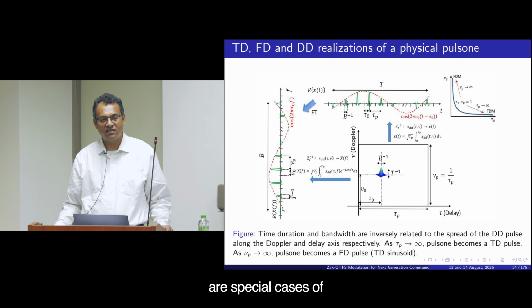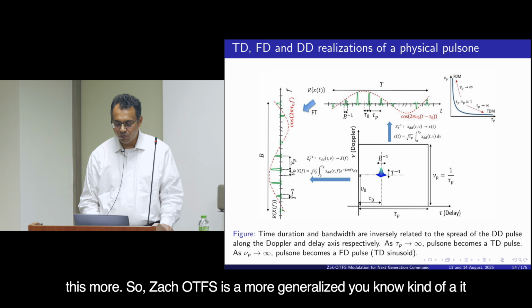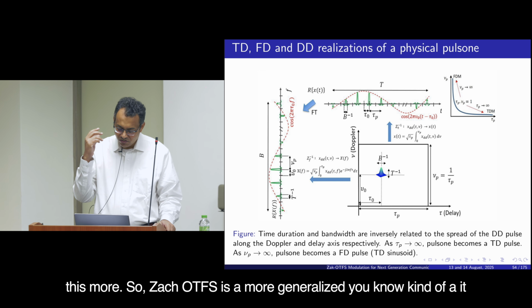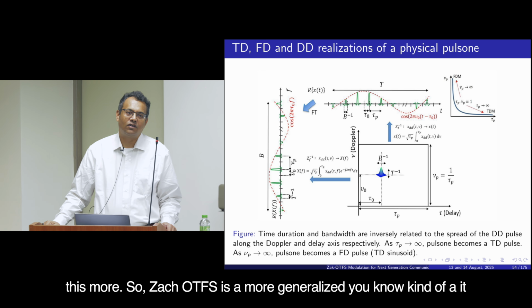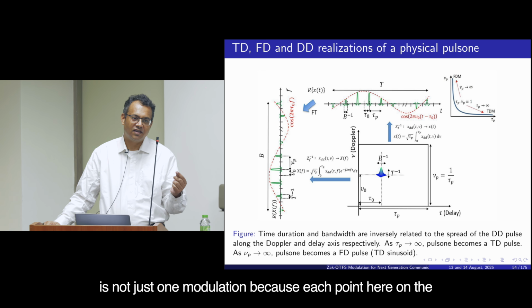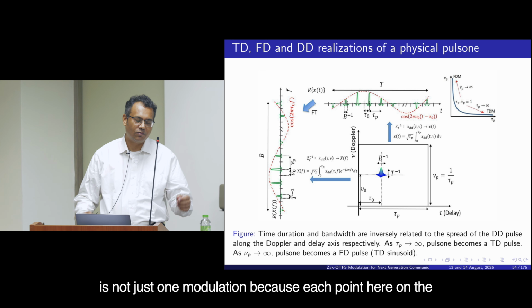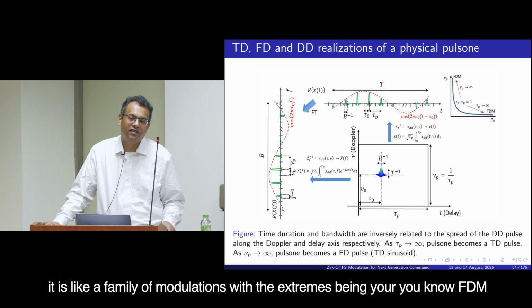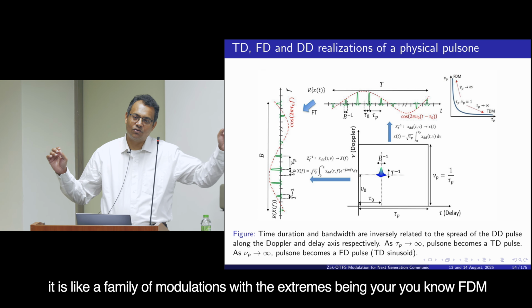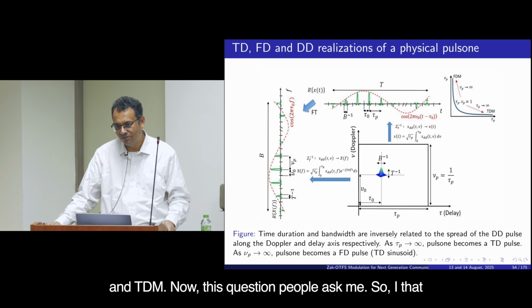So, they are special cases of this more generalized Zak OTFS. It is not just one modulation, because each point on the hyperbola will give you a different modulation. It is like a family of modulations, with the extremes being your FDM and TDM.